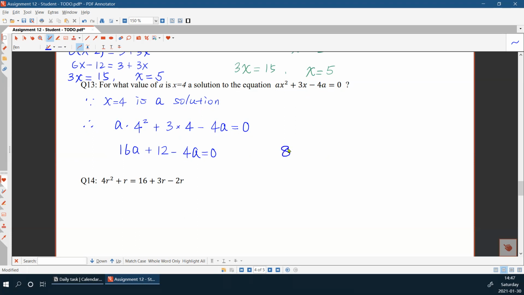This means 8a, oh, sorry, not 8, it's 12a. 16 minus 4 is 12. 12a equals minus 12, right? Of course, this gives us a is minus 1. Okay, any questions?